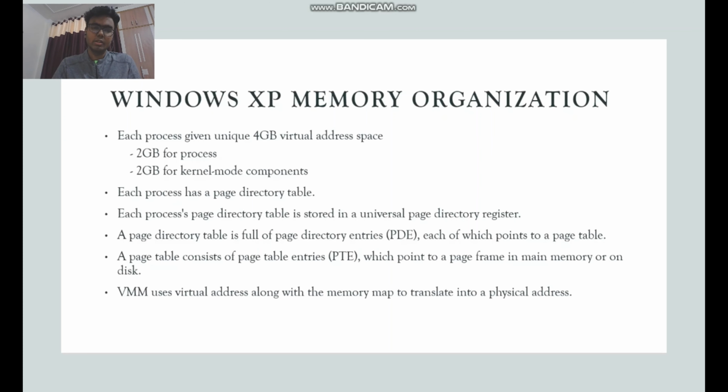Each process has a page directory table, and each process's page directory table is stored in a universal page directory register. A page directory table is full of page directory entries called PDEs, each of which points to one page table. And a page table consists of page table entries, or PTEs, which point to a page frame in the main memory or on the disk.